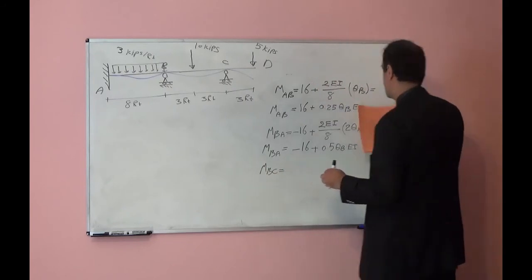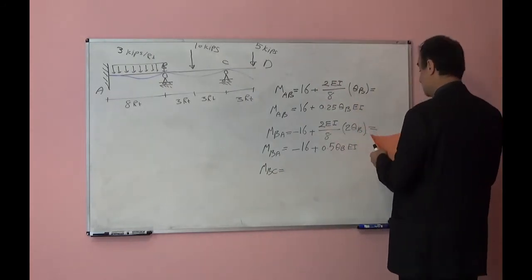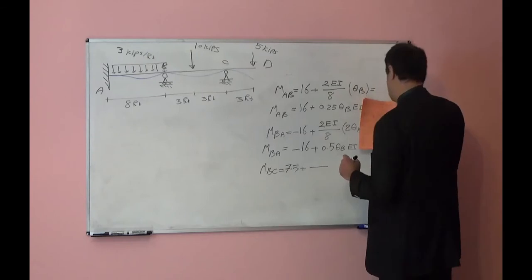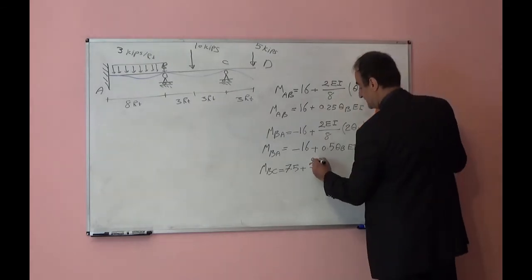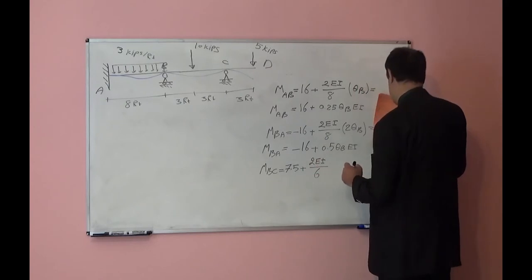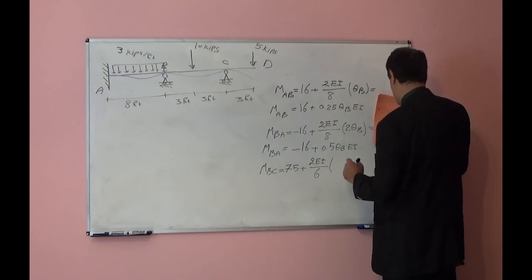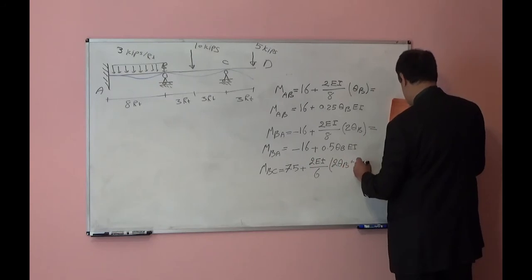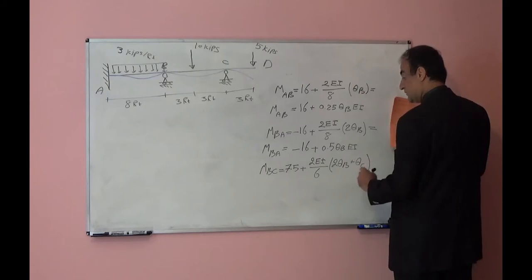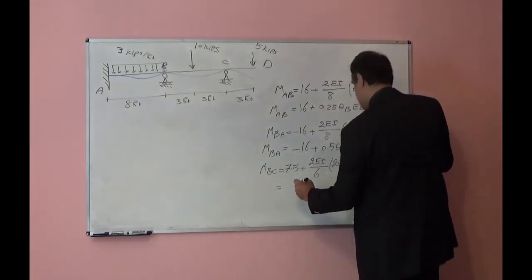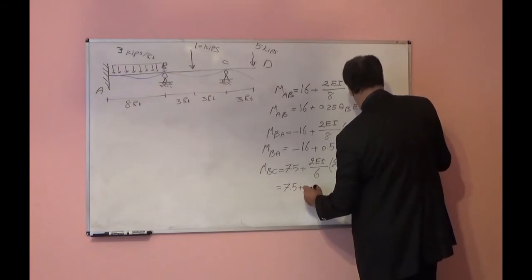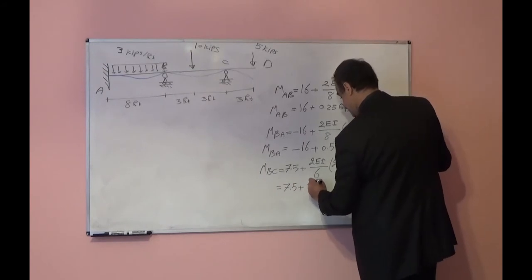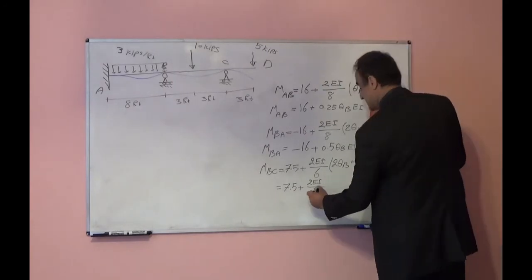M BC will be equal to M fixed BC, which was 7.5, plus 2 EI over L, 6, times 2 theta B plus theta C. That will be equal to 7.5 plus 2 EI over 6.